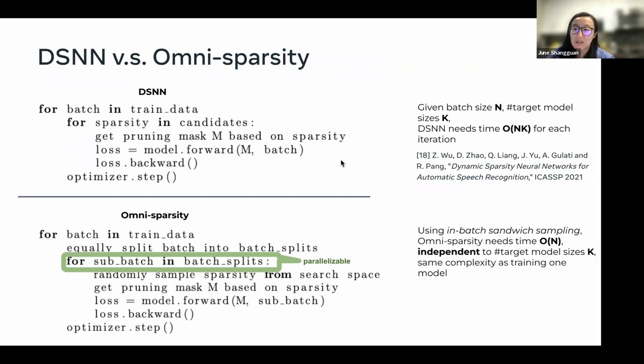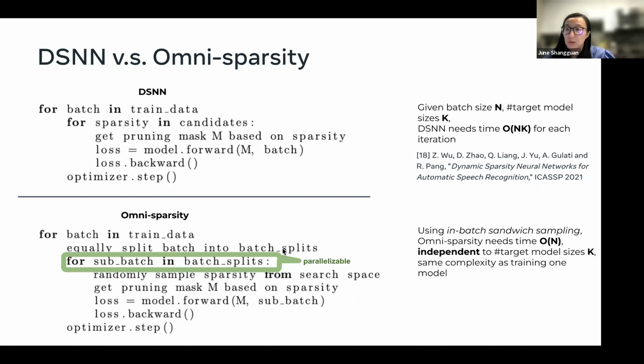The dynamic sparse neural network, as cited here, uses a loop. Basically, for the sparsity that you have defined and want to train, you get the pruning mask for that sparsity, and you run a model forward. So you're running this loop inside a batch. For our omni-sparsity model, this has changed.